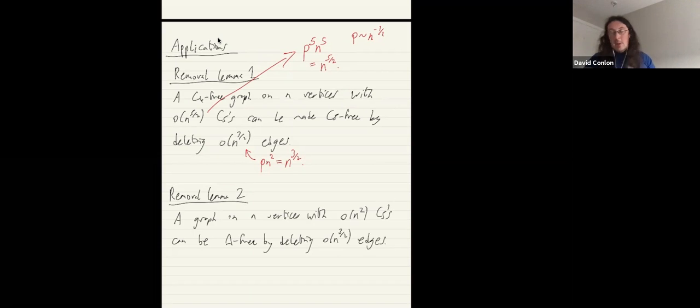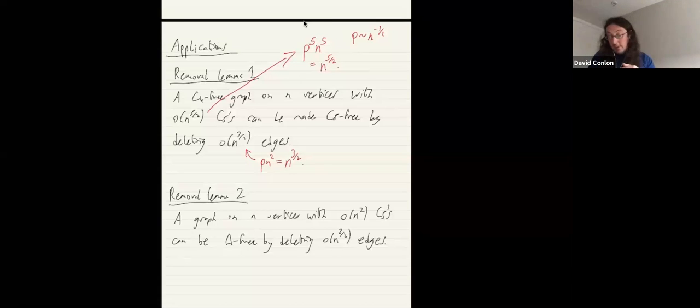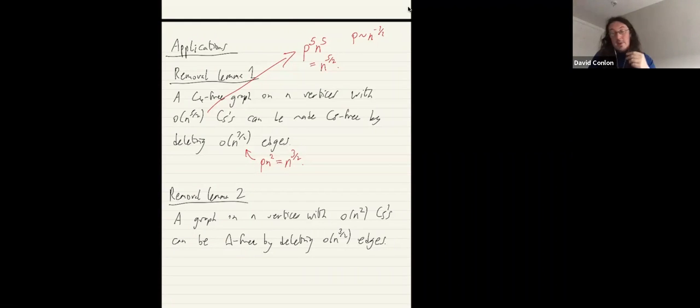This is what I mean by brushing the C4-free condition under the carpet. I haven't actually left out the C4-free condition, it's just not there. The condition on the number of C5s is smaller, so we need little o n squared C5s, but also the conclusion is stronger. We can get rid of all triangles and all C5s by deleting little o n to the 3/2 edges.